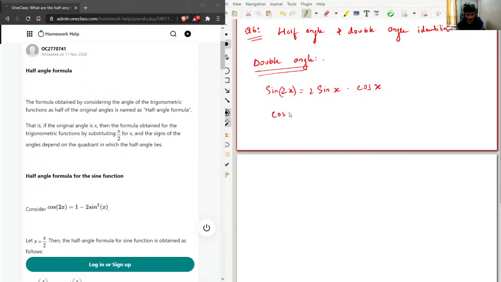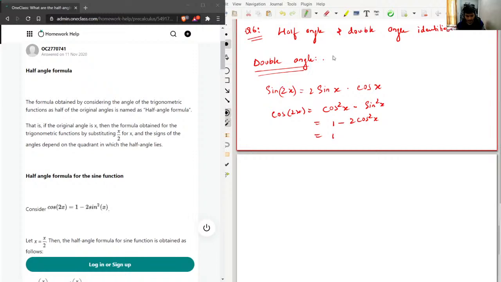For cosine we have cosine square x minus sine square x, or 1 minus 2 sine square x, or 2 cosine square x minus 1.